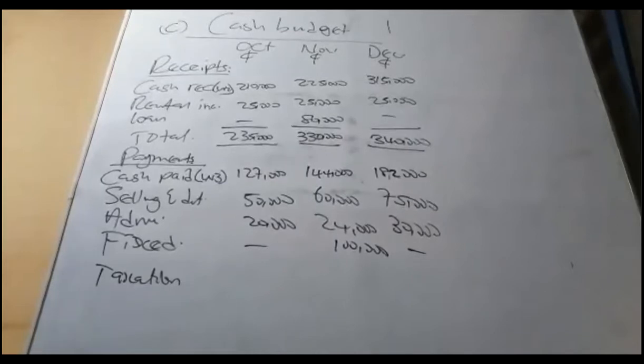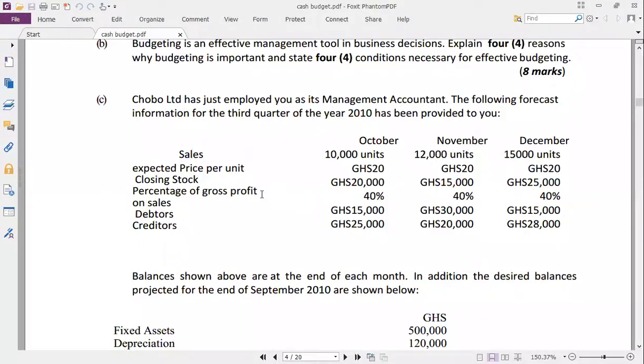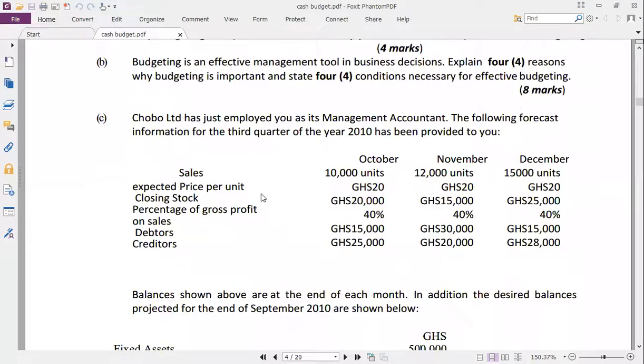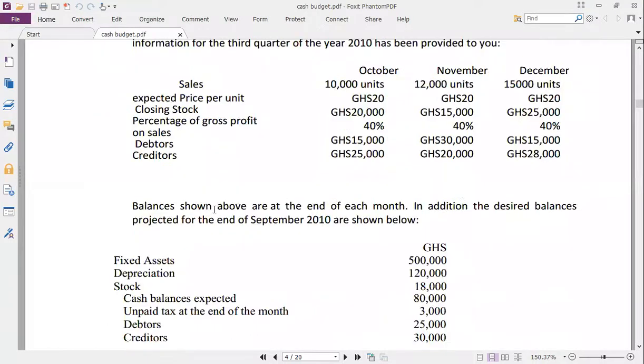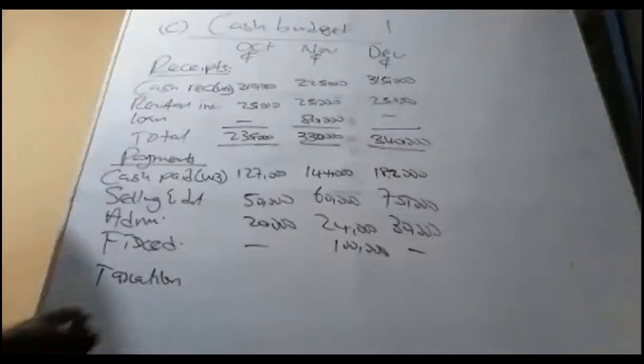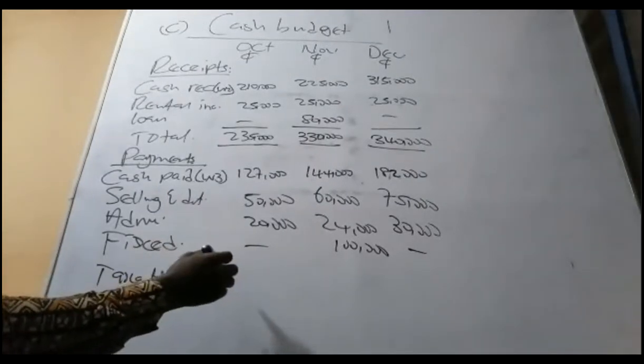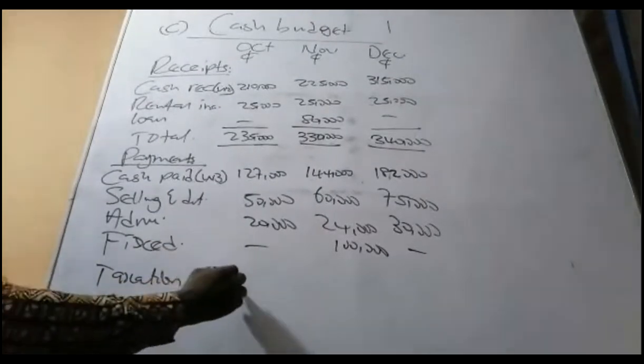So if it's one month in arrears, let's pick the income tax for September. September tax will be paid in October. So the September unpaid tax is 3,000, to pay in October.